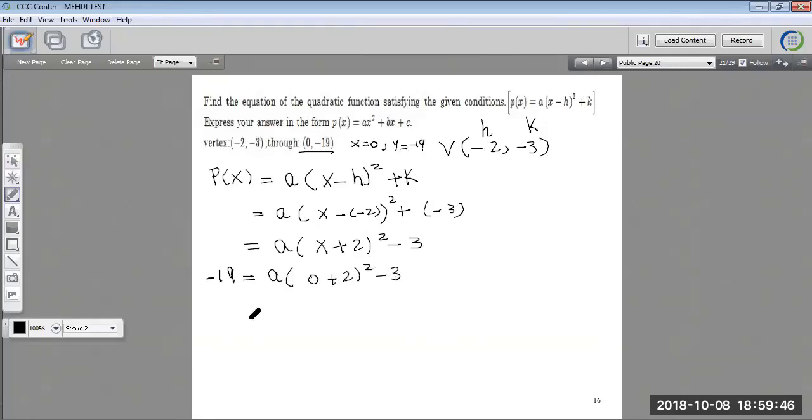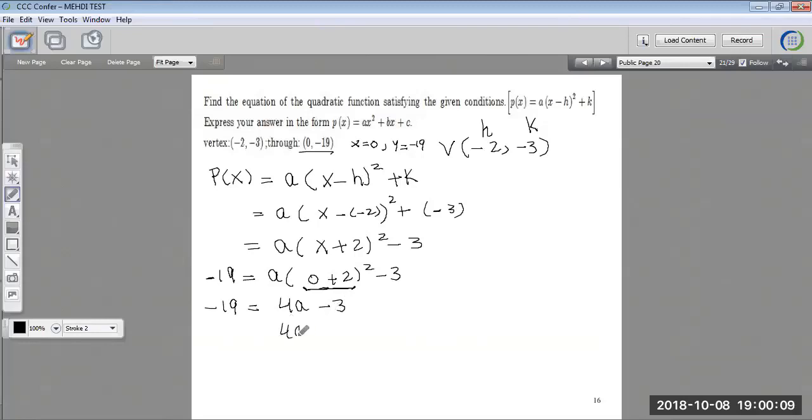So I get -19 equal to, this would be 0 plus 2, which is just 2. 2 squared would be 4. So I get 4a minus 3.